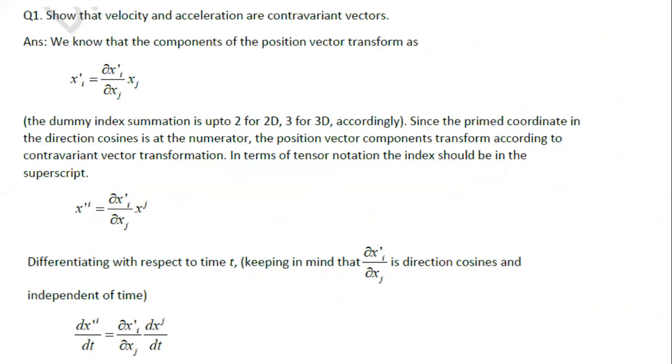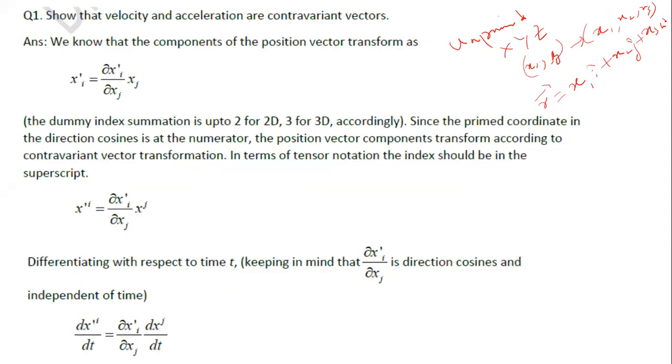Now again, this is a very simple thing to show that velocity and acceleration are contravariant vectors. You see, in our unprimed coordinate system, even if we call the coordinate variables x, y, z, instead of x, y, z we are going to use what is called x1, x2, x3, the unprimed system. And the position vector in this case will be x1 i cap plus x2 j cap plus x3 k cap.